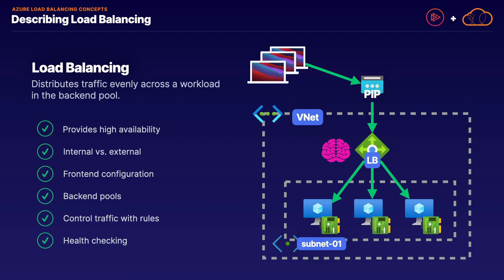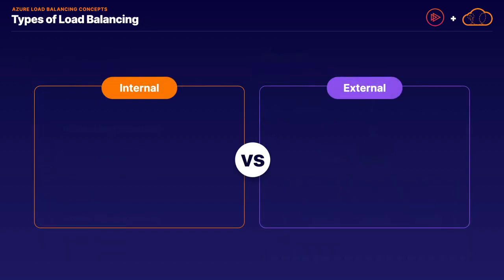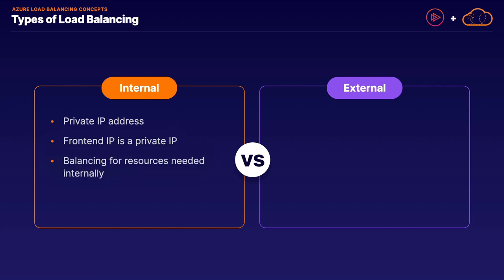Now, at this point, we've described load balancing as a whole and exactly what goes into it and what purpose it serves. We're going to dive a little bit deeper here now into talking about the types of load balancing. We talked about internal and external. And with internal, we have a private IP address. The front-end IP is a private IP only, and it's balancing for resources that are needed only internally.